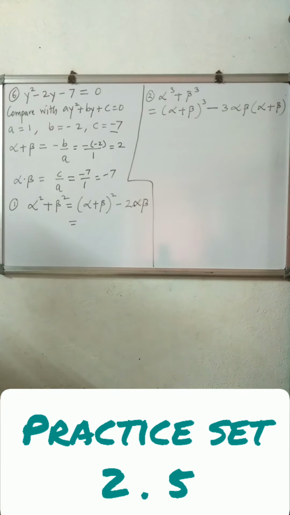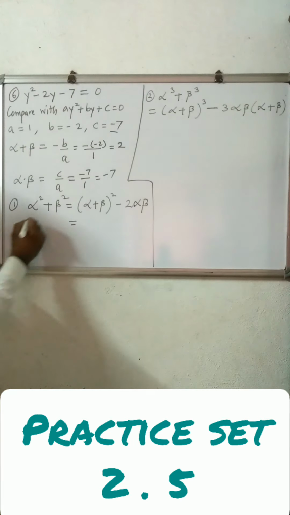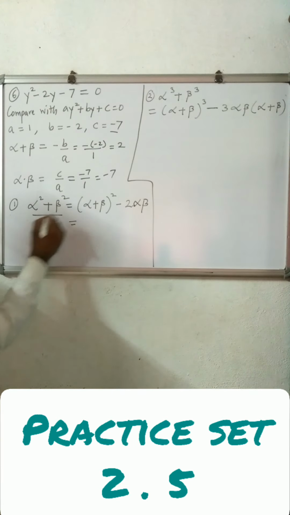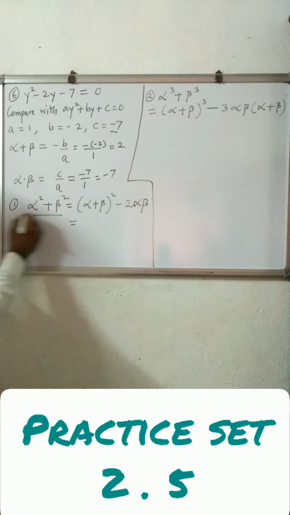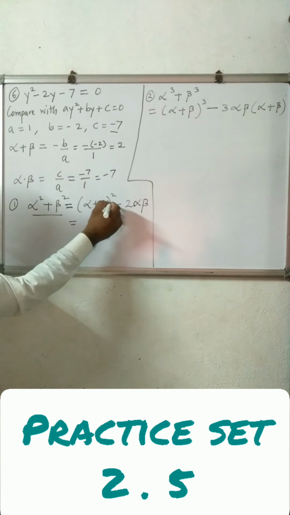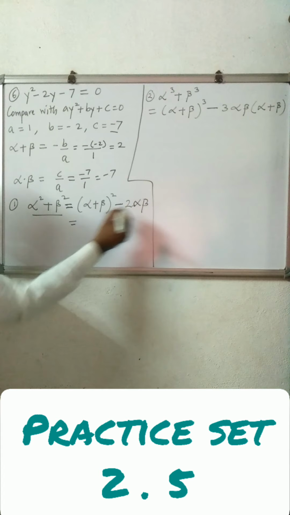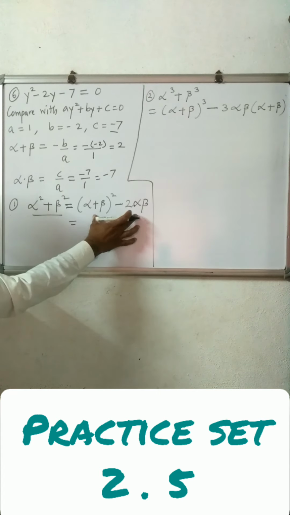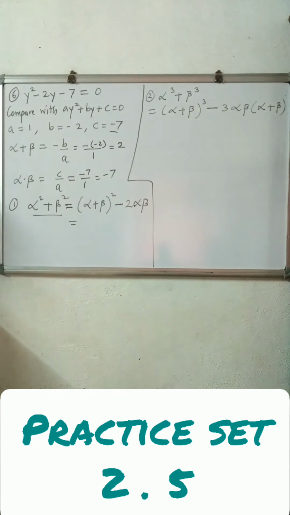Now put these values of alpha plus beta and alpha into beta in the formula. Now find the value of alpha square plus beta square. Alpha square plus beta square is equivalent to, it's a formula, alpha plus beta square minus 2 alpha beta. If you expand this, solve this, you will get alpha square plus beta square.